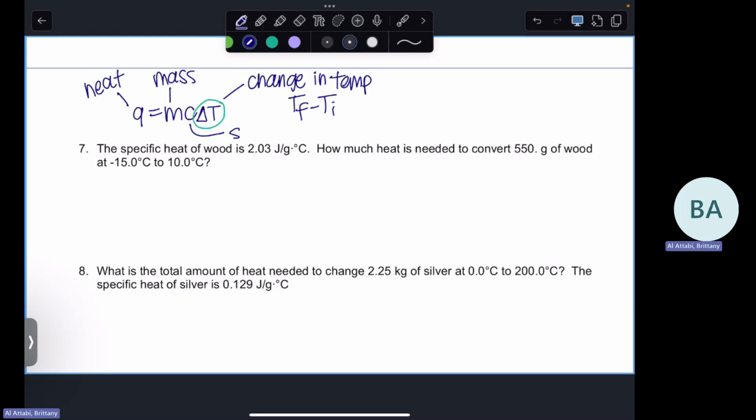And then C, we call that the specific heat. So it's the amount of energy that it takes to change 1 gram of that substance by 1 degree Celsius. And it is specific to the substance we're talking about, which is probably why they call it specific heat. Sorry, I know you guys were all here for that, but I had some latecomers, so we had to review again.